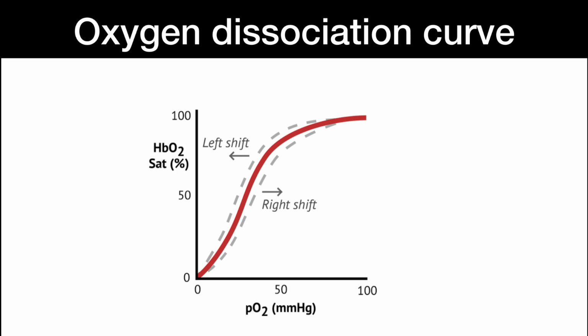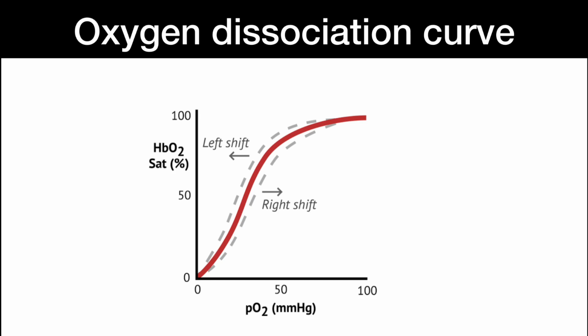At this partial pressure, hemoglobin has a high affinity for oxygen, around 98% saturated. But in the tissue, the typical partial pressure is only around 40. Here the hemoglobin has a lower affinity for oxygen, so it does not release all the oxygen into the tissue. When the hemoglobin leaves the tissue, it is still 75% saturated.